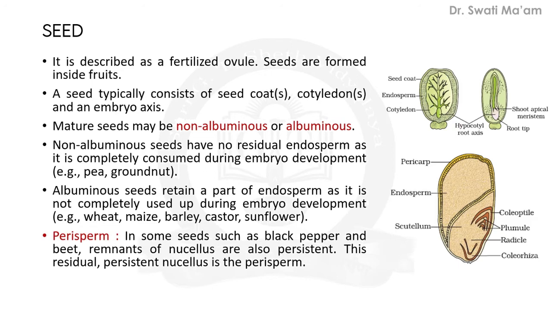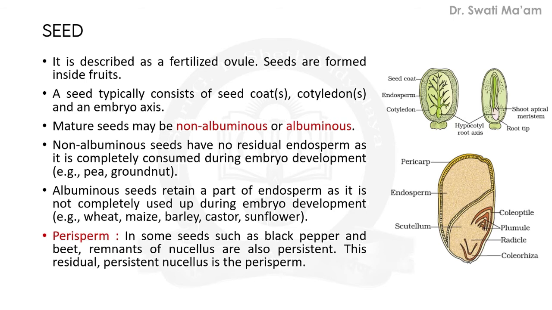So what do you mean by non-albuminous seeds? Non-albuminous seeds have no residual endosperm. That means leftover endosperm is not present. It is totally used up because it is completely consumed during embryo development.